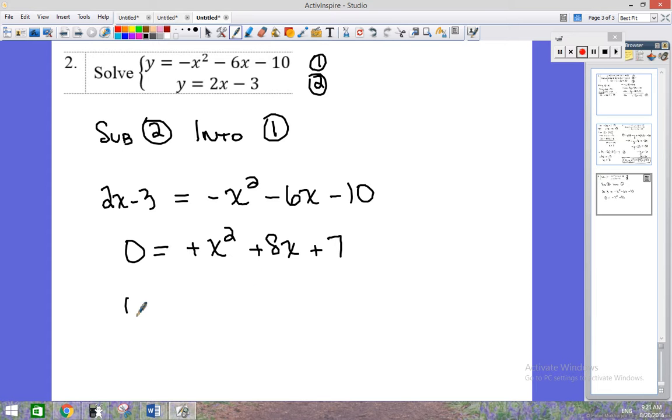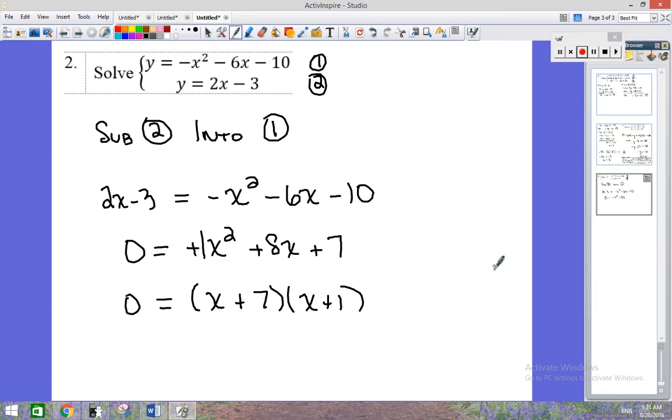Now, let's try to factor this, and it looks to me as it does factor that I have x plus 7 times x plus 1. There's 2 numbers that multiply together to give you the constant term, add together to give you that middle term. The factoring is generally easiest when that leading coefficient is a 1, or at least if it's a prime number.